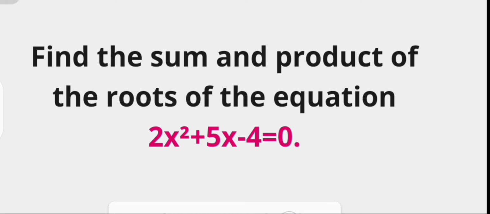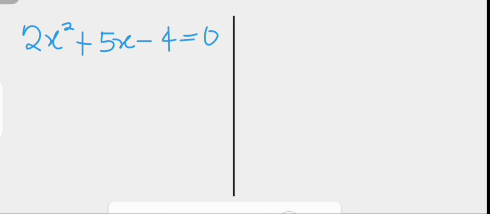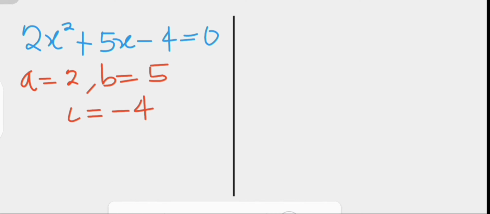Application 2. Find the sum and product of the roots of the equation 2x squared plus 5x minus 4 equals 0. The given equation is 2x squared plus 5x minus 4 equals 0. Here a is 2, b is 5, and c is -4.